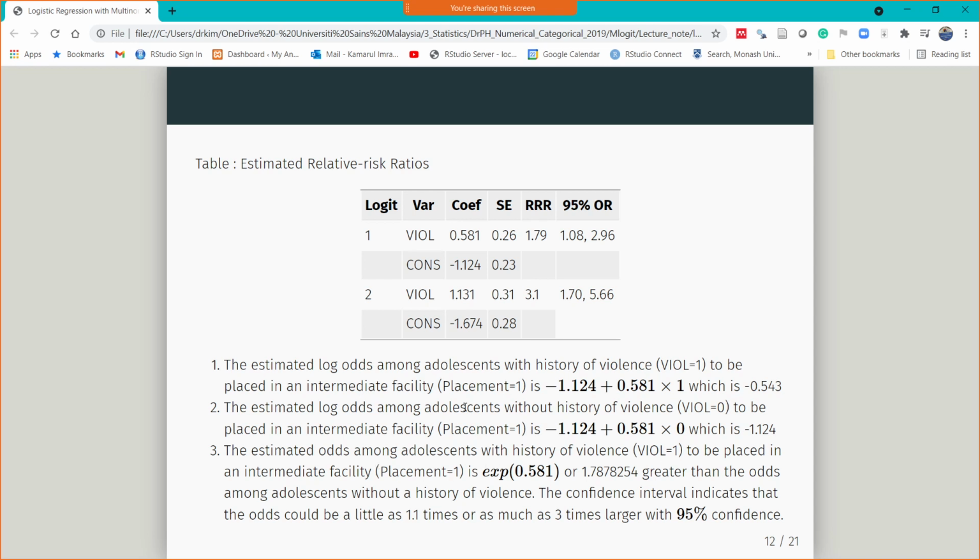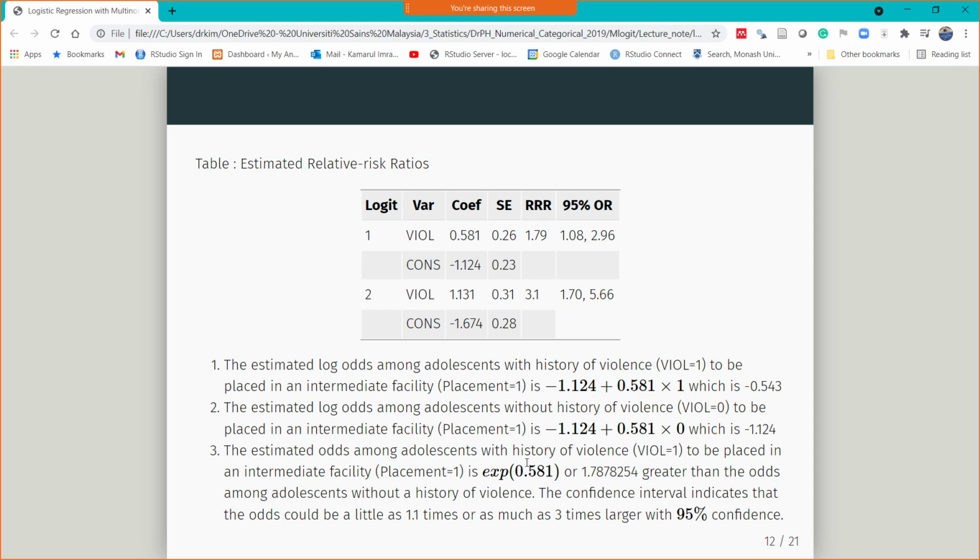If we convert log odds to odds ratio, then you just exponentiate the value of the log odds or the beta.